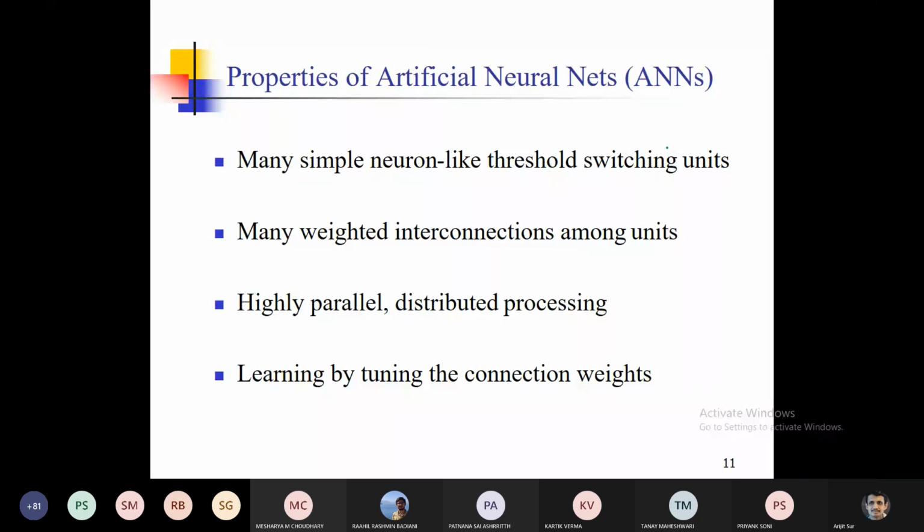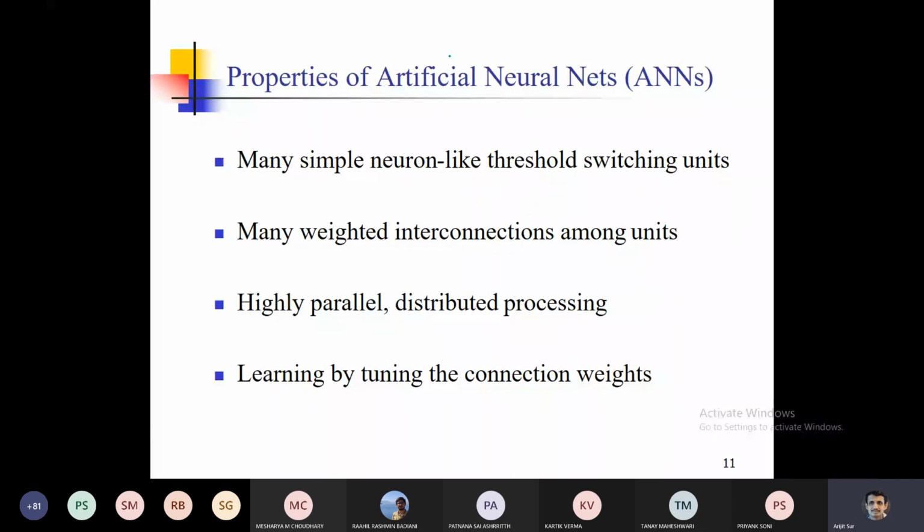So a very simplistic formulation: many simple neural-like threshold switching units. As you say, this is a kind of switch, a threshold-based switch.